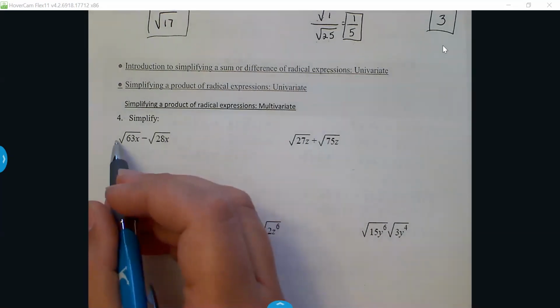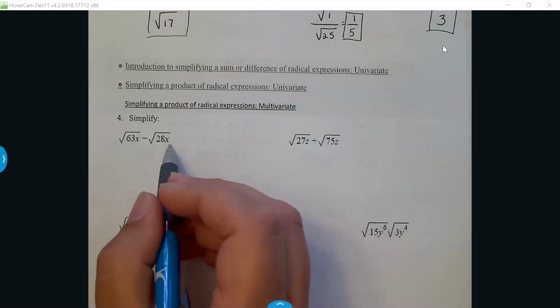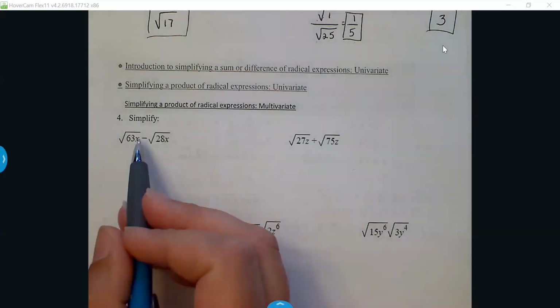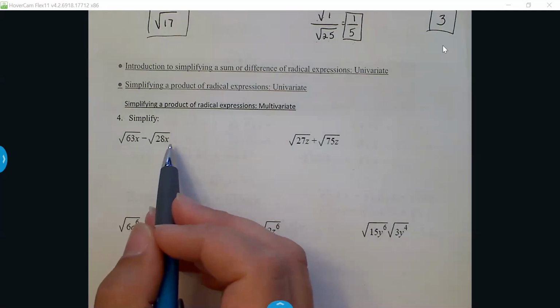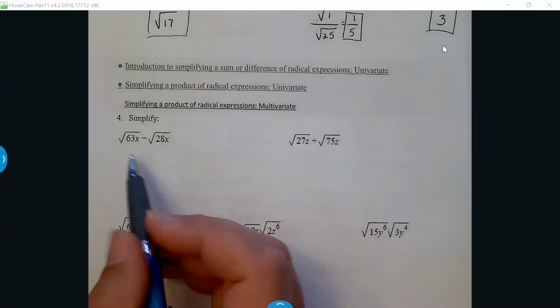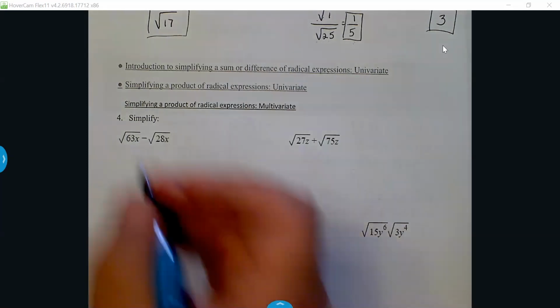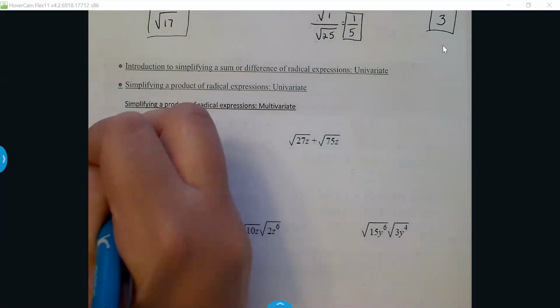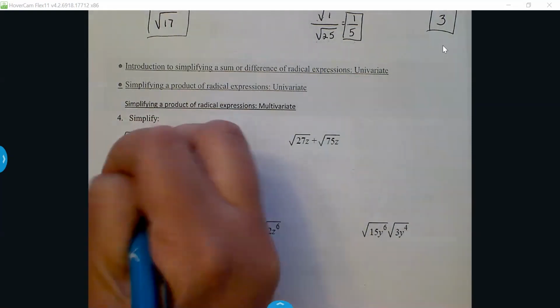Okay, so here I have the square root of 63x minus the square root of 28x. As you notice, these x's are not raised to an even power, so I can't do anything to take those out of the radical. But what I can do is simplify the square root of 63. So the square root of 63 times the square root of x.